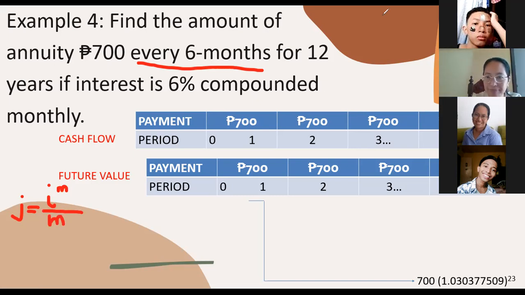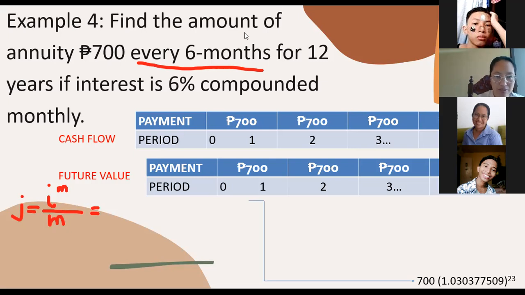Ma'am, yung M po is yung numbers po na kino-compound po yung isang interest po. Sige. O, substitute natin. Dito po ang magiging M po natin is 12 po since siya po is monthly kino-compound. Then, magiging J equals what? Ano magiging I mo?